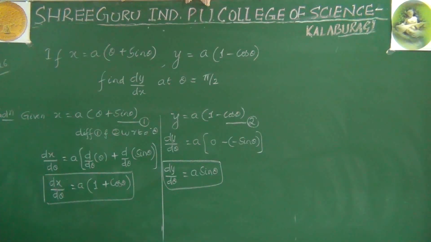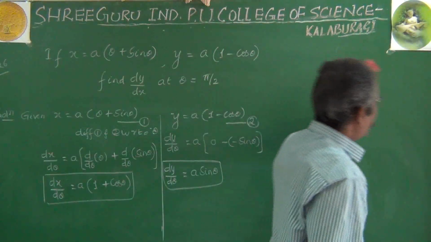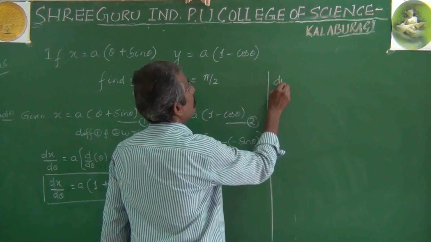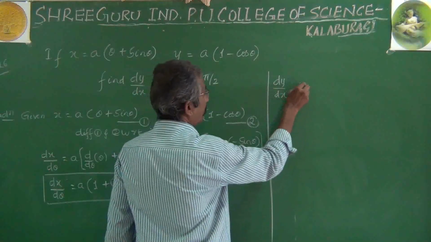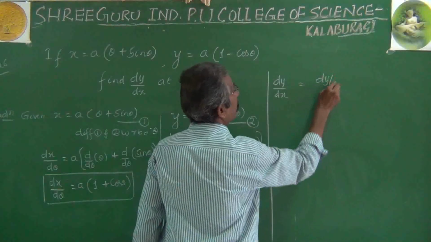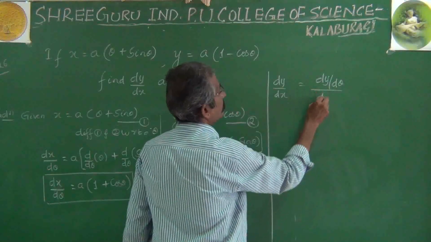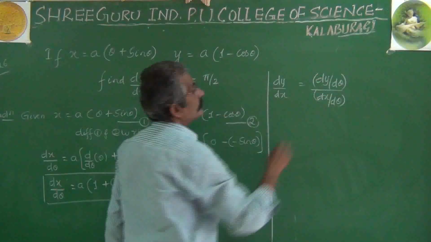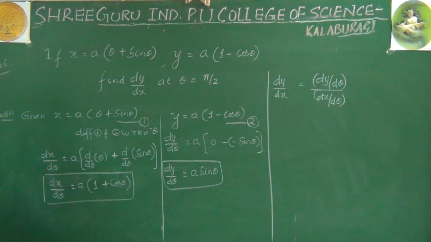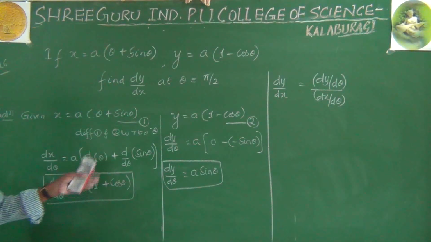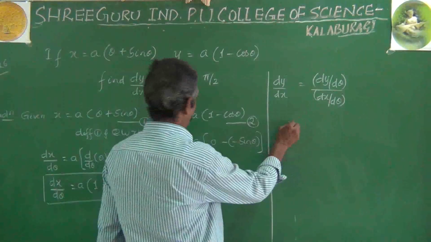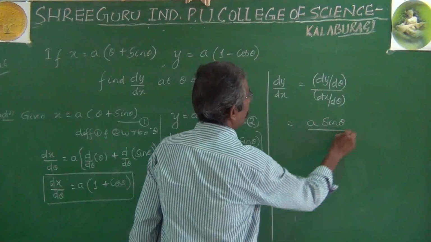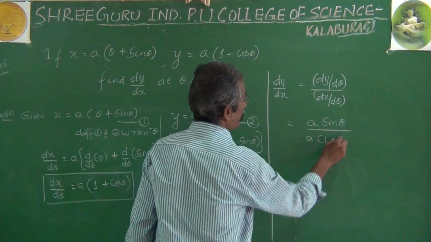Let's consider the formula for dy by dx now, that is in the parametric case. Now, dy by dx formula is dy by d theta divided by dx by d theta. Substituting values of dx by d theta as well as dy by d theta, that equals a sin theta divided by a into 1 plus cos theta.